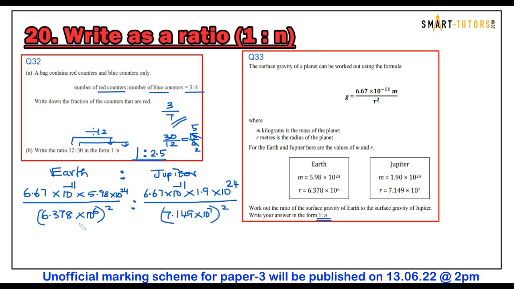Now when it comes to a ratio, you can cut the common numbers. The 6.67 you can cancel. 10 to the power 24, 10 to the power 24 cancel, right?